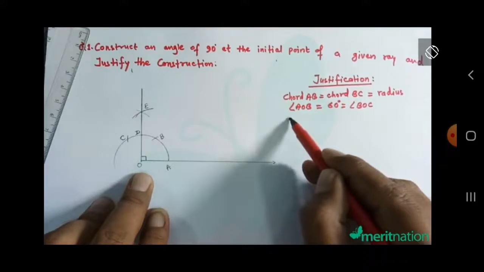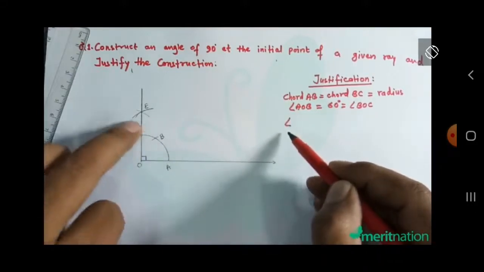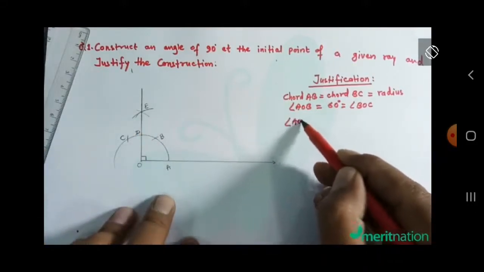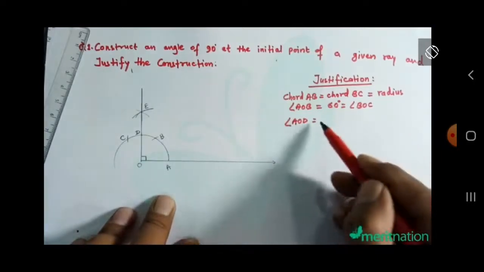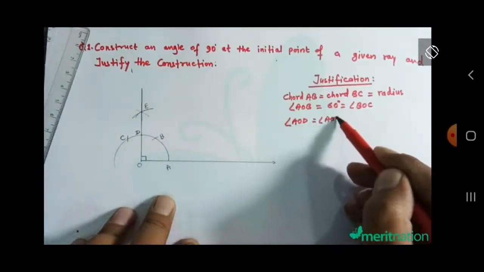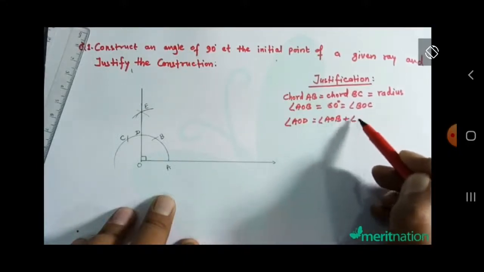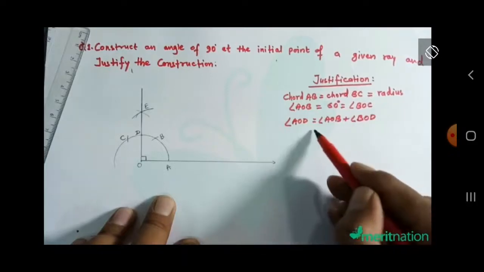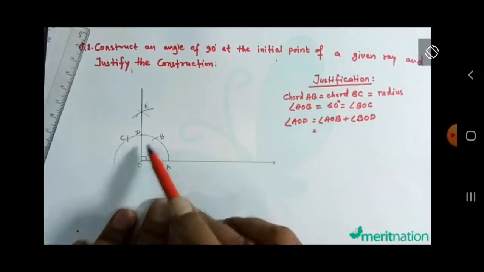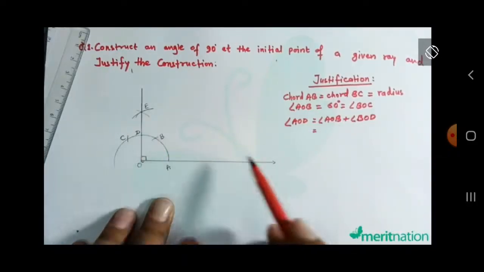Now see the angle between points A and D, angle AOD. That should be equal to angle AOB plus angle BOD.